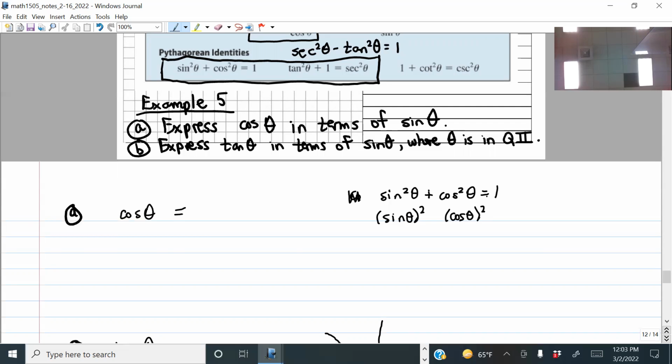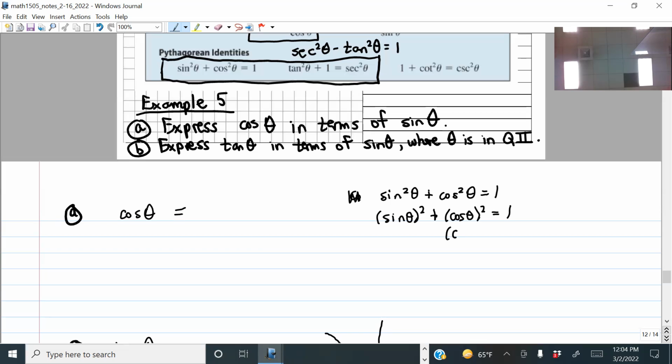Let's see if we can take this equation and solve it for cosine. How would you solve that equation for cosine? What would you do first? We want to get cosine theta equals something. Yeah, subtract the sine squared from both sides.